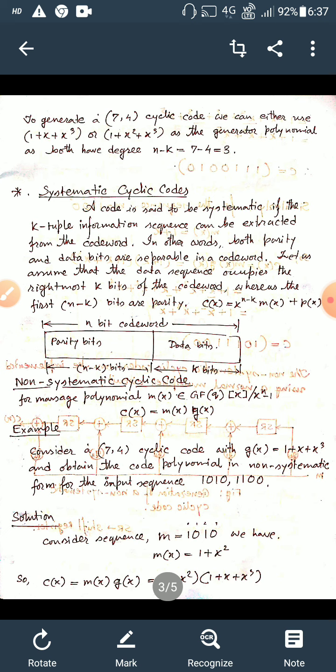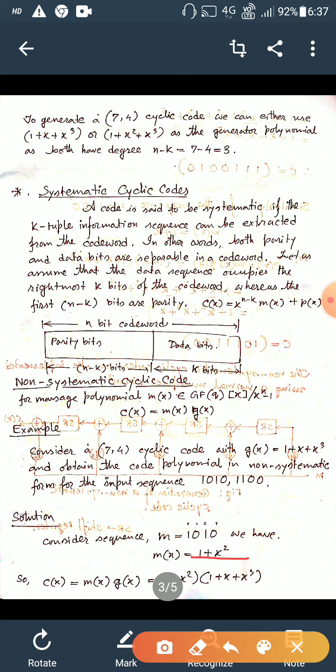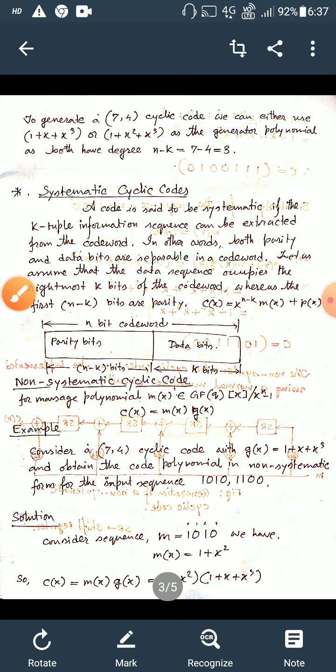So it can be written as 1 plus x square. Here this is x, and for this position 2 is the position value, so this region is x square. Here this is x to the power of 0, that means this is 1. So in this way m of x can be written as such.